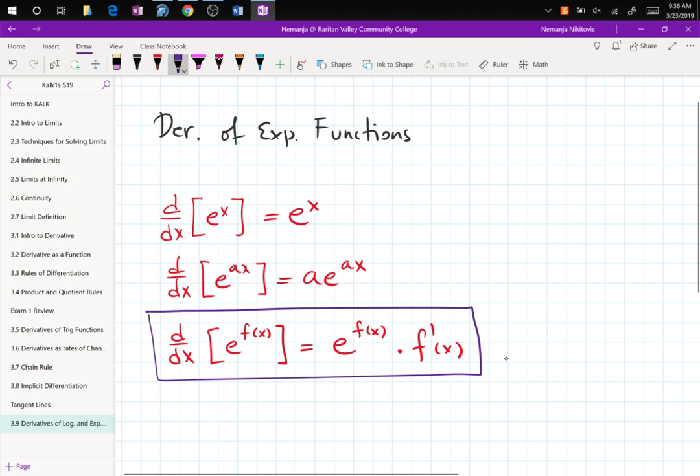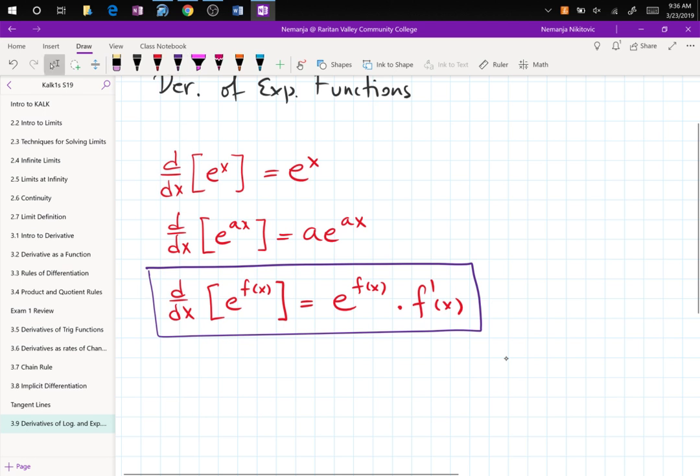There is one formula that is more general, which is like a higher tier than e to the f of x, and that would be b to the f of x, meaning you can have any base other than e. You can have 2 to the sine x, you can have 5 to the x squared plus 7. When you write e, it is a particular number. We know what e is.